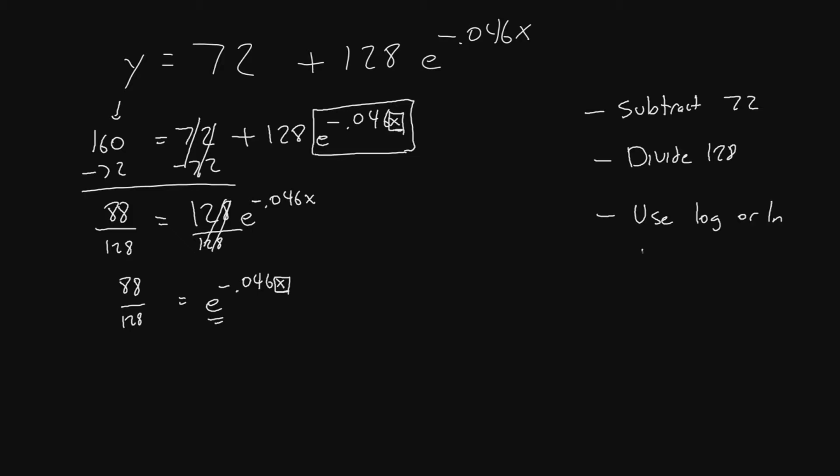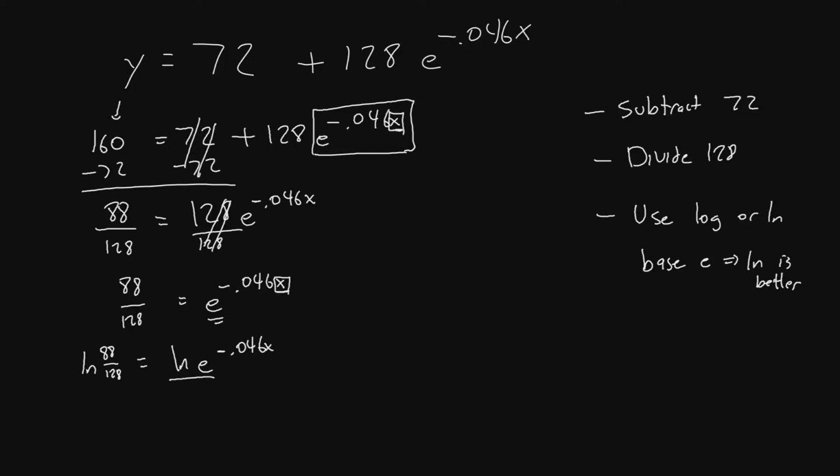But since we have base e, ln is going to make our life easier. So we'll take ln on both sides. ln of 88 over 128 equals ln of e raised to the negative 0.046x.